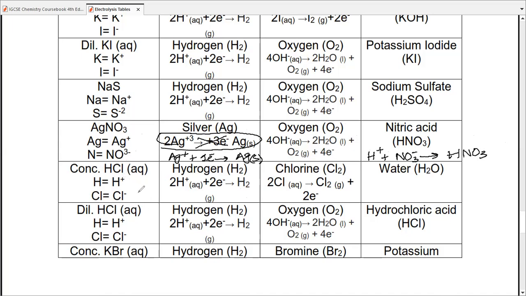Concentrated hydrochloric acid and dilute hydrochloric acid have always been a part of past paper examples, books, reference books, all of them. This is the same acid, but when taken in concentrated and dilute forms, really change the products. We only get hydrogen at the cathode because there is no other cation present in the system. We get chlorine gas in concentrated solution case at anode and oxygen in the case of dilute solution.